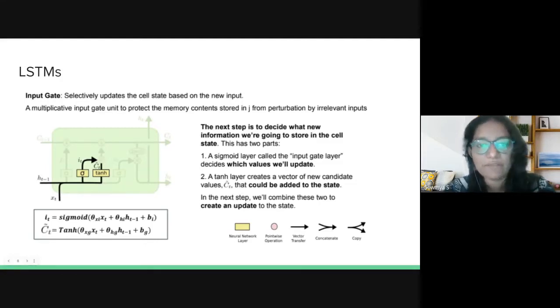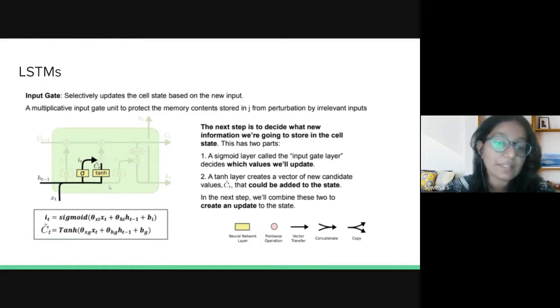So already we have two layers of complexity, the forget gate and the input gate. And this is a function of the cell state. So the sigmoid layer, called the input gate layer, decides which values we'll update, and the tan h layer creates a set of values that can be added to the state. To sum it up, the first one was just a simple fraction, and the second one is a function of the cell state itself, so you have an extra tan h.